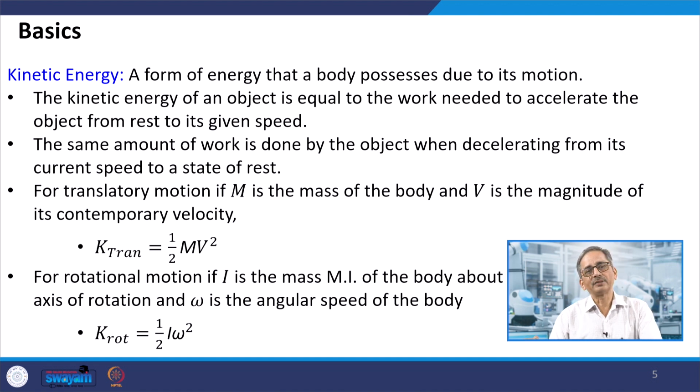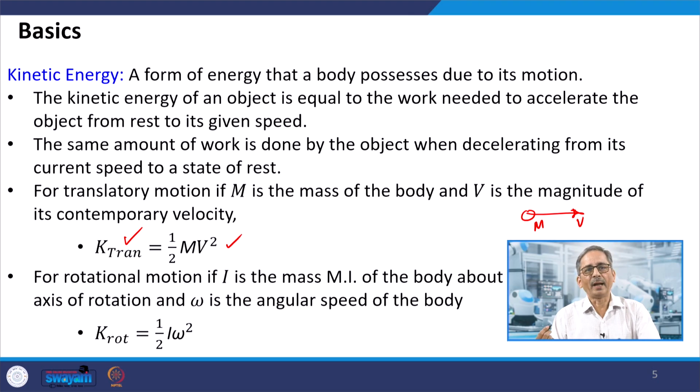Suppose we have a translatory motion, and a body of mass m has a velocity v, then the translational kinetic energy is going to be half m v square. This is the basic formula which we have studied in our earlier classes.